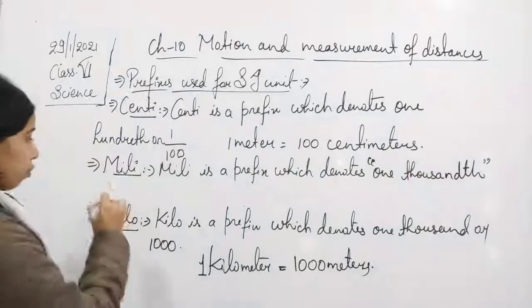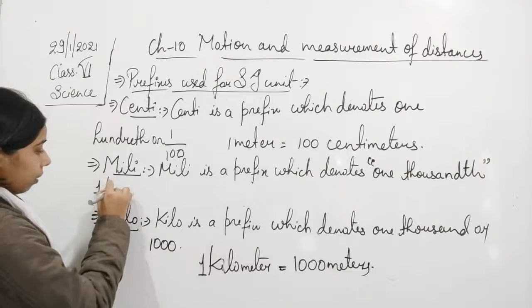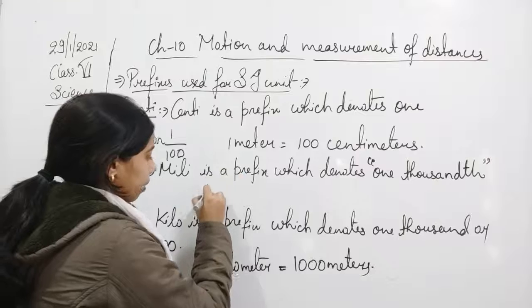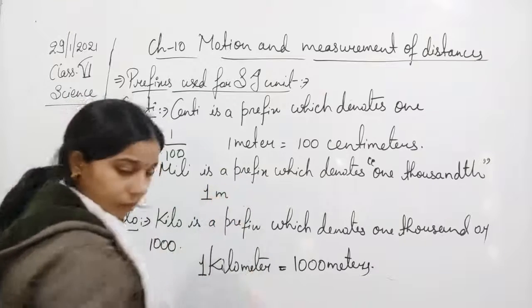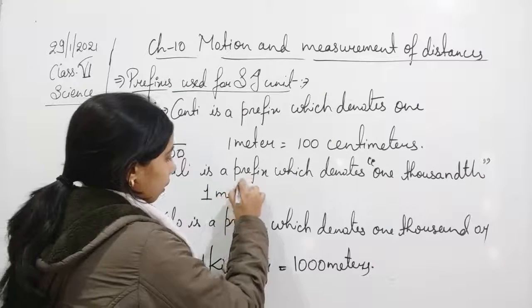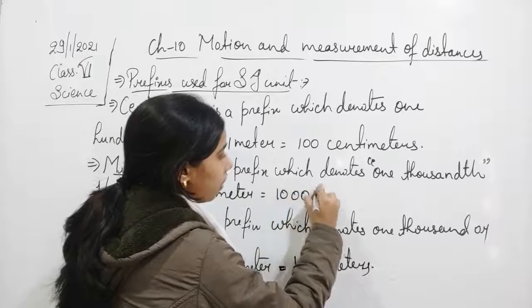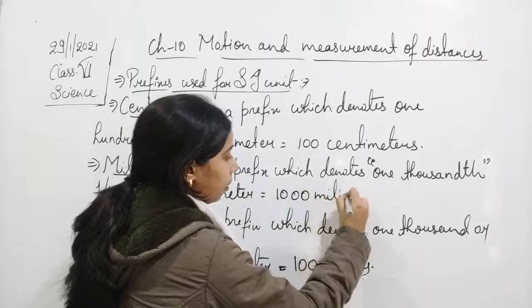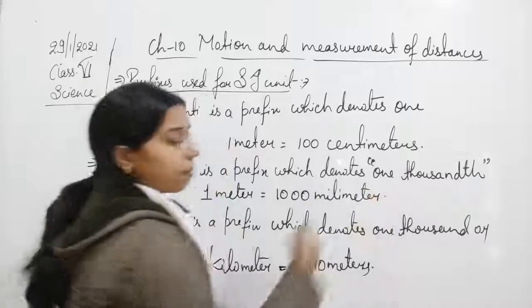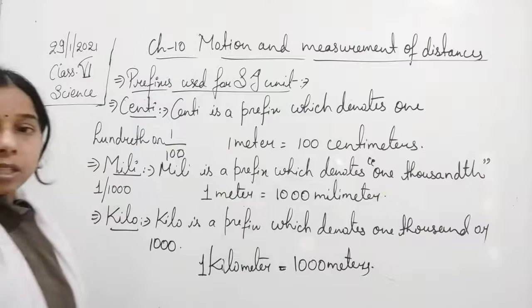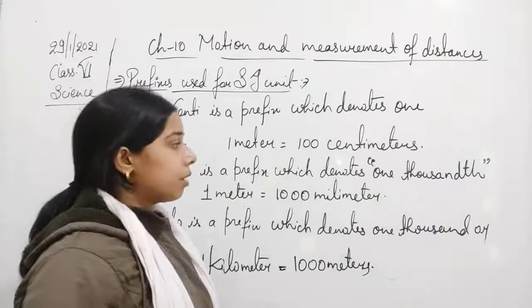That is equals to 1 by 1,000. So we will write it here that 1 meter is equals to 1,000 millimeter.